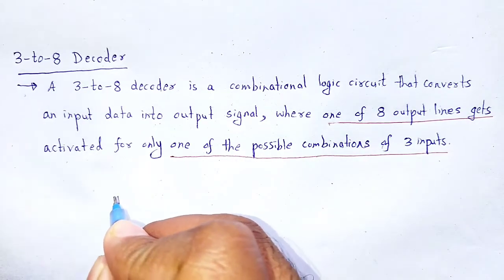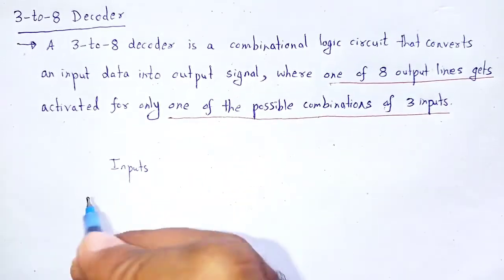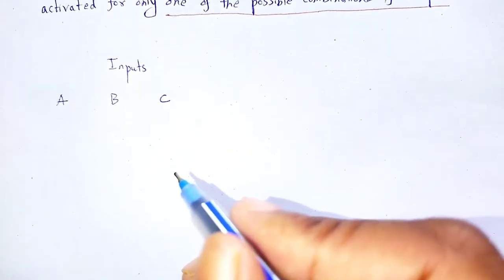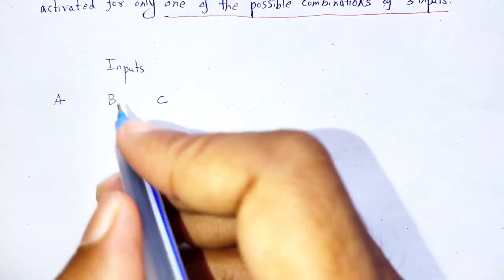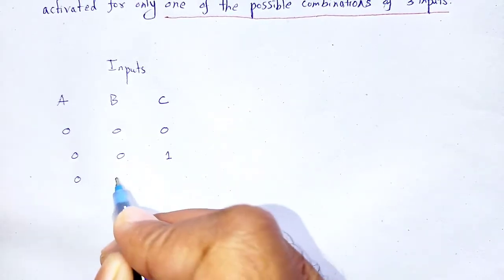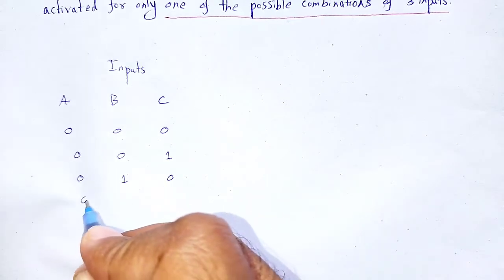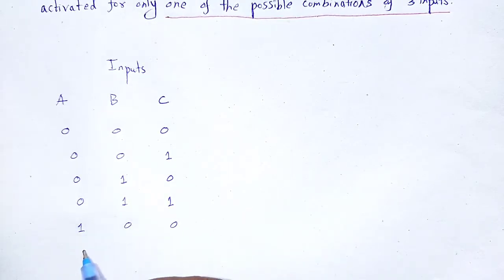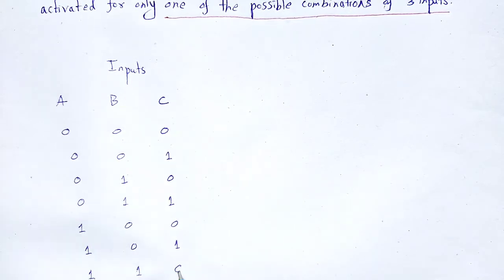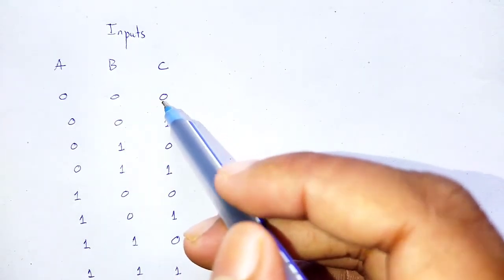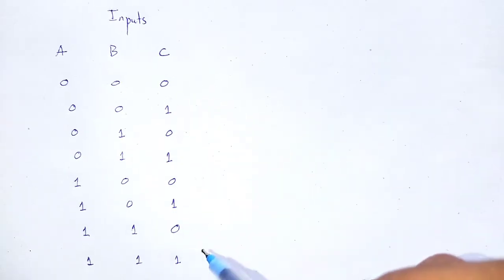In truth table, 3 inputs named as A, B, C. So the possible conditions, taking 3 inputs: 0 0 0, 0 0 1, 0 1 0, 0 1 1, 1 0 0, 1 0 1, 1 1 0, 1 1 1. 3 inputs, so the possible conditions 2 to the power 3, that is 8 number of possible conditions.